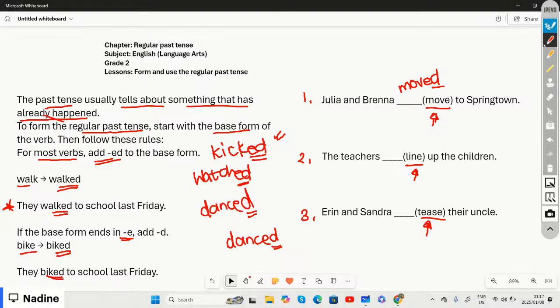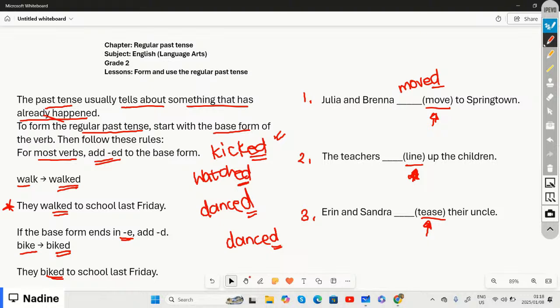All right. If you look at the next one, say the teachers line up the children. We need to change this word line to the past tense form.